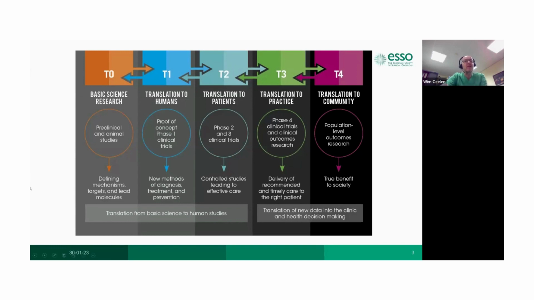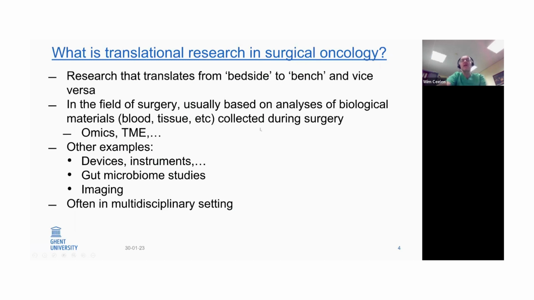What is relevant for surgical oncologists is in fact this T0 and T1 part. It's mainly bedside to bench research that is based on the unique opportunity that we have as surgeons to have access to tissue samples, but of course other biospecimens like blood, plasma, stool samples, etc., are also possible. So I will focus on this type of translational research, which is just a small part of what is encompassed by this term in general.